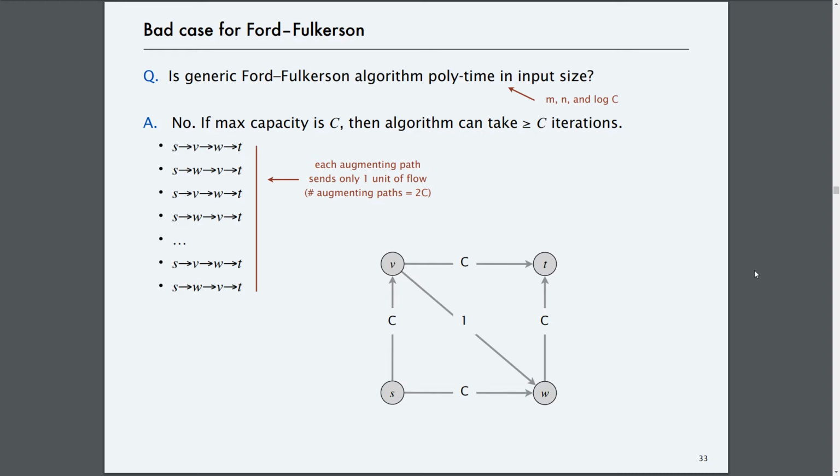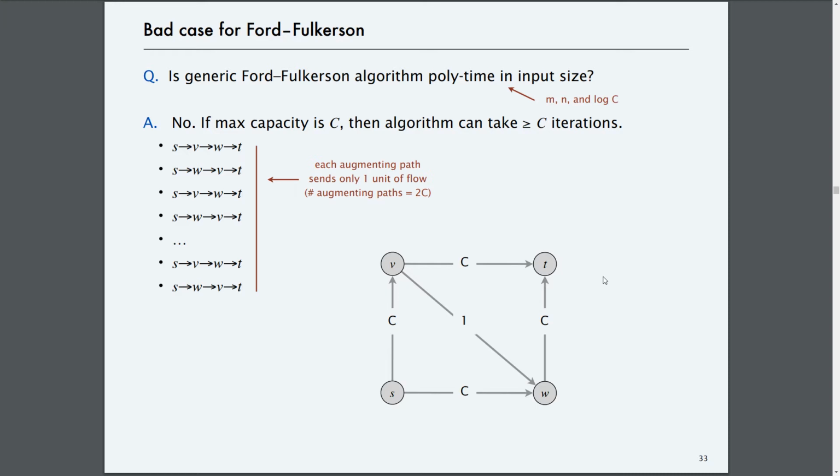We can't have it in any power. So we have a similar graph as we had before when we were looking at the greedy algorithm without the undo operation. But here the edges have capacity c, which you can imagine is some really large number, such as 1 billion.